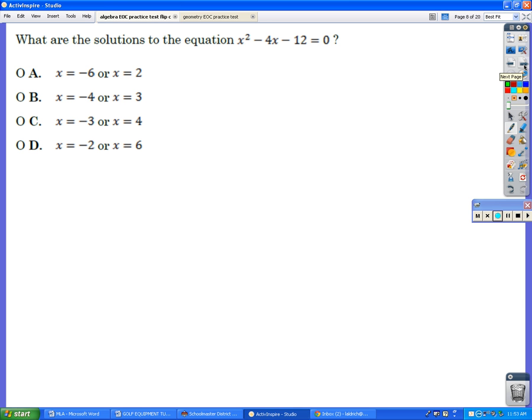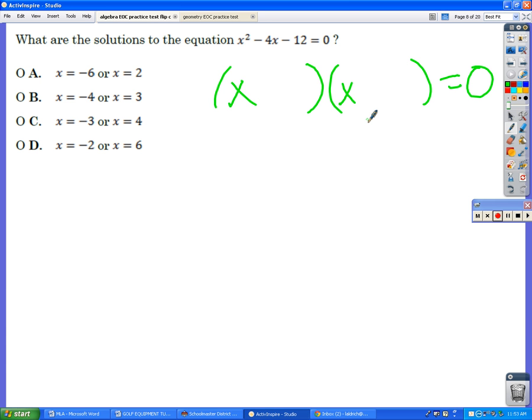Okay, next one. What are the solutions to the equation x squared minus 4x minus 12 equals 0? We talked about a lot of different ways throughout the class to solve this problem. I'm going to say for this one, probably the easiest one is to factor it. I need 2 numbers that multiply together to give me -12 and add together to give me -4. 3 and 4. 3 and 4 do not add to give me 4.